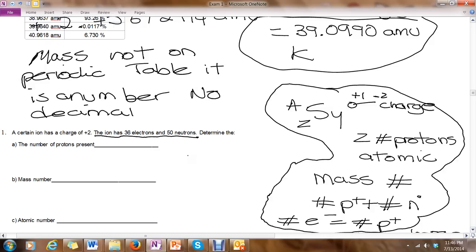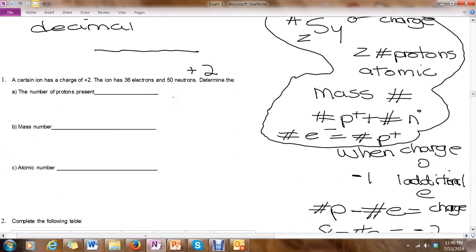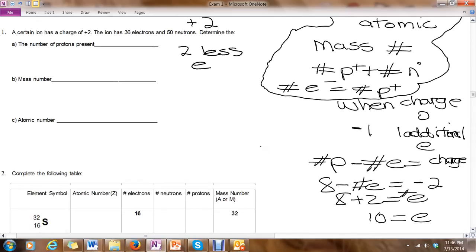Well, first of all, if the charge is +2, it means that it has two fewer electrons than protons. And let's look at this little formula that some of you don't understand, but I'll tell you why. Number of protons minus number of electrons is equal to the charge, in this case +2.